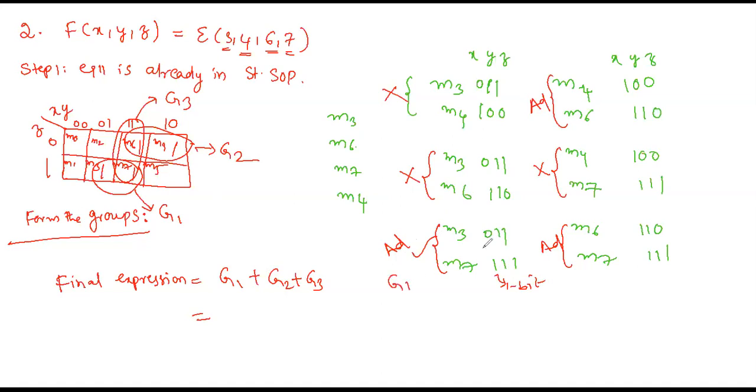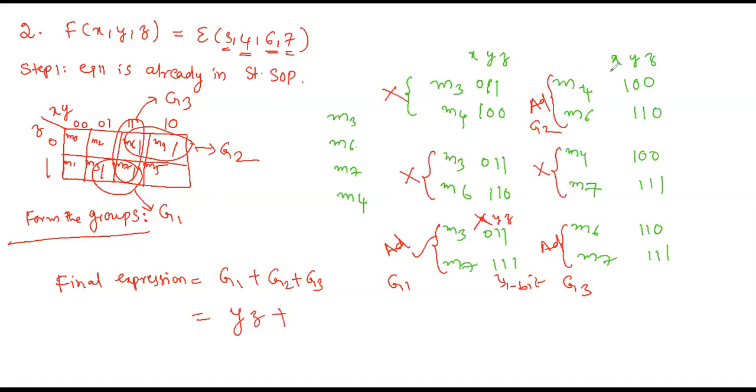M3, M7 we are considering as G1. M4, M6 we are considering as G2. M6, M7 we are considering as G3. Here, whichever bit is differing among X, Y, Z, X is differing, so completely strike it. YZ is there and both values are 1, so G1 is equal to YZ.